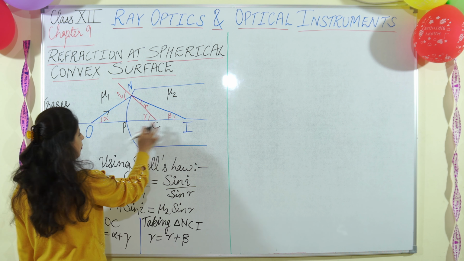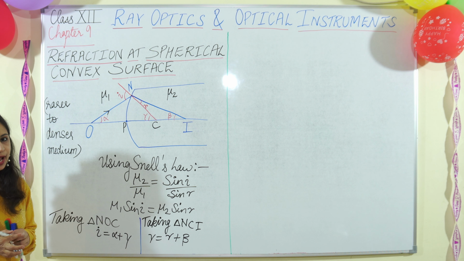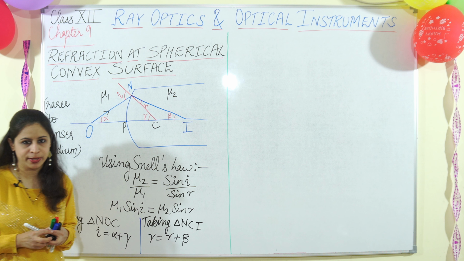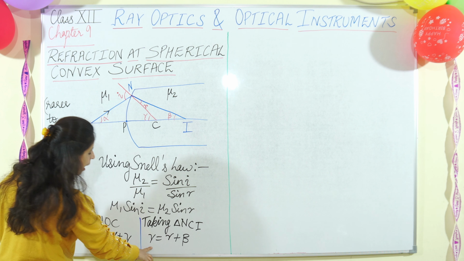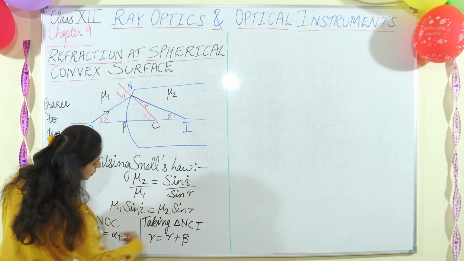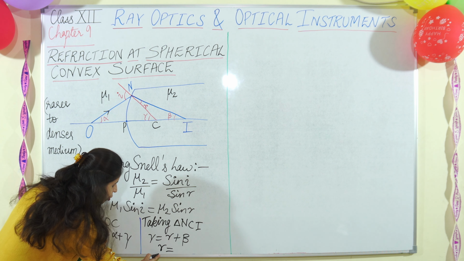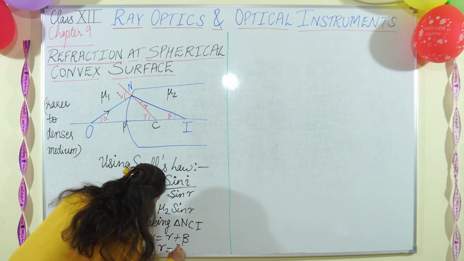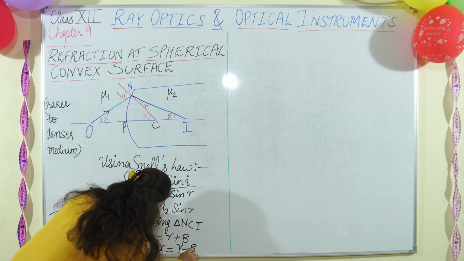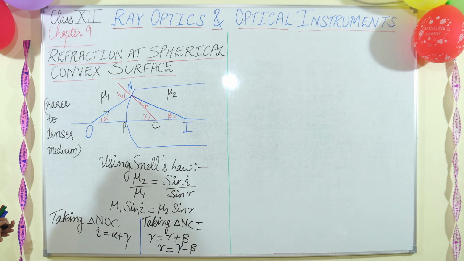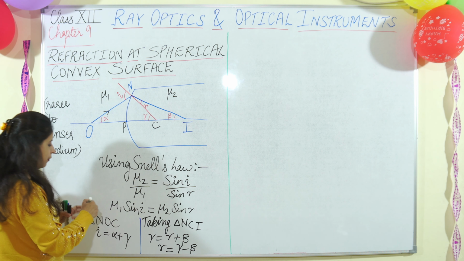These alpha, gamma, beta, I have just taken as the angles. You can take any denominations of your choice. Okay. So gamma is equal to r plus beta. So r, the angle of refraction, will be equal to gamma minus beta.